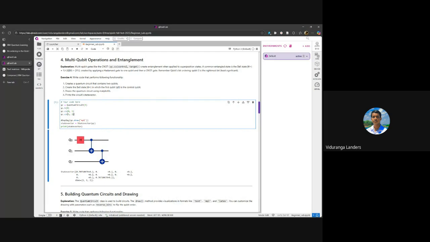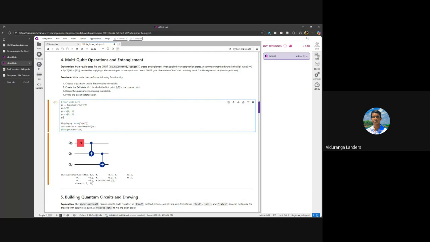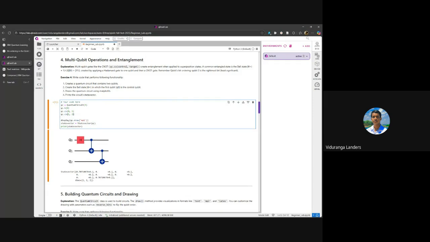So in the Toffoli's case, it should be something like 0, 1, 2. In this case, these two are your control qubits, and this is your target qubit. I think it's covered in this task, but just for your knowledge.